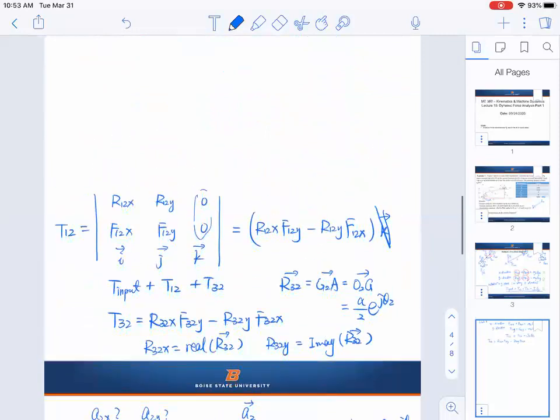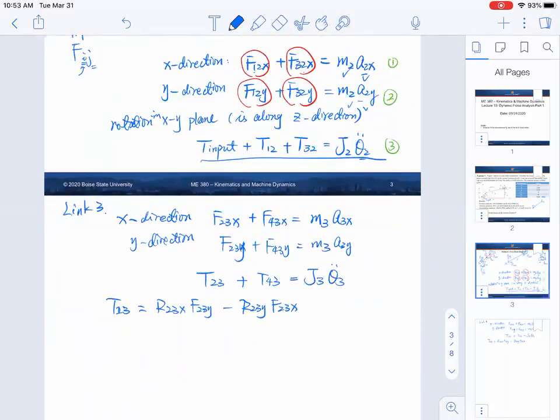You see that your t32 has all the subscripts of 32, and that means your T23 should have all the subscripts as 2, 3. Then you can copy and paste for the 4, 3, and then it's R43X F43Y minus R43Y F43X. It's a lot of copy and paste. Just pay attention, don't mess up your subscripts. So that's your link number 3.